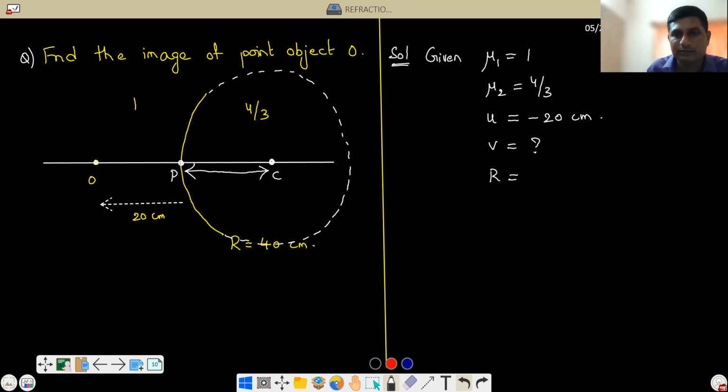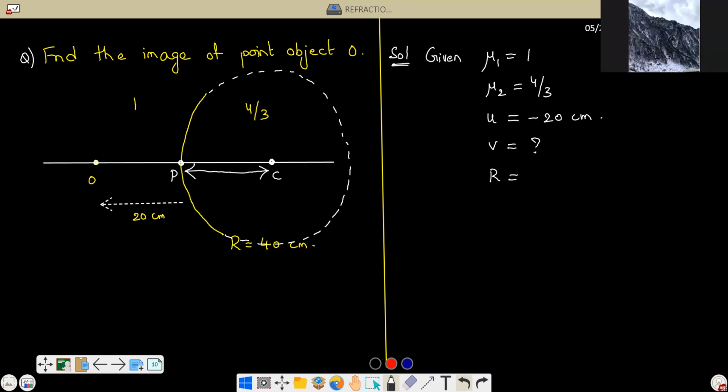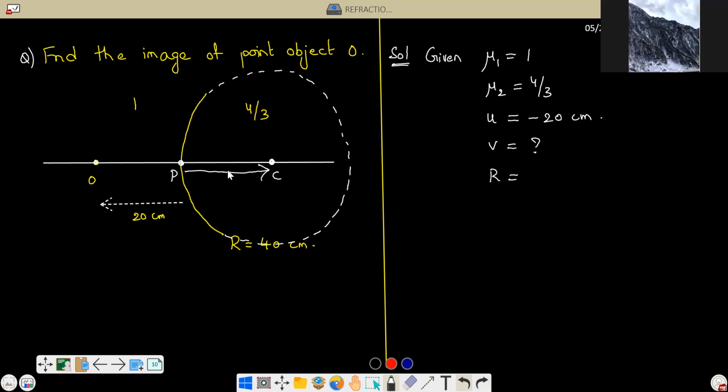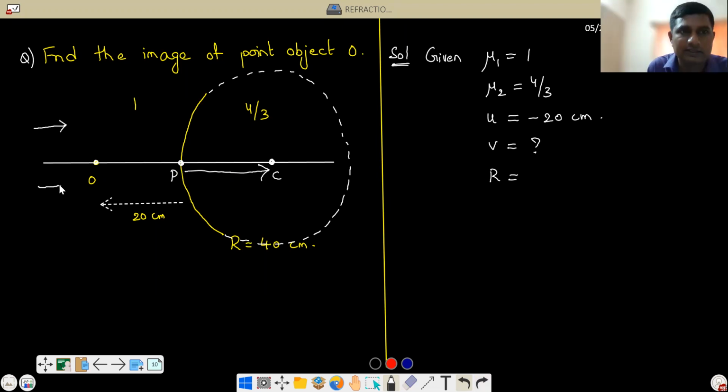Which side should we place the arrow? The arrow should be placed according to sign convention. To the right, sir. Correct. Because all distances are measured from pole. So you should start from here and go towards pole. So now this arrow is in the direction of incident rays. Our incident rays are always traveling from left to right. So therefore it is plus 40 centimeters.